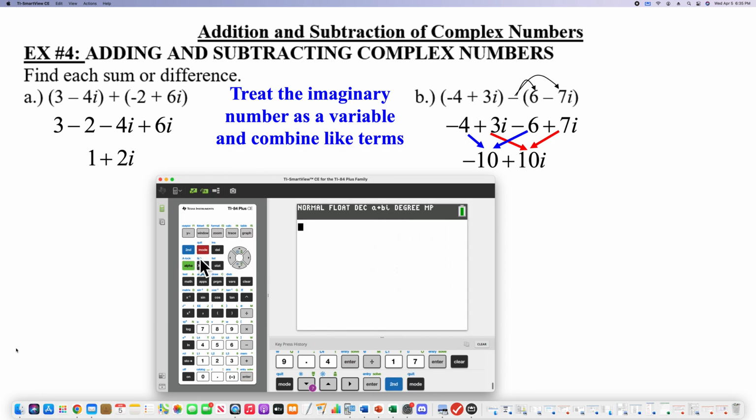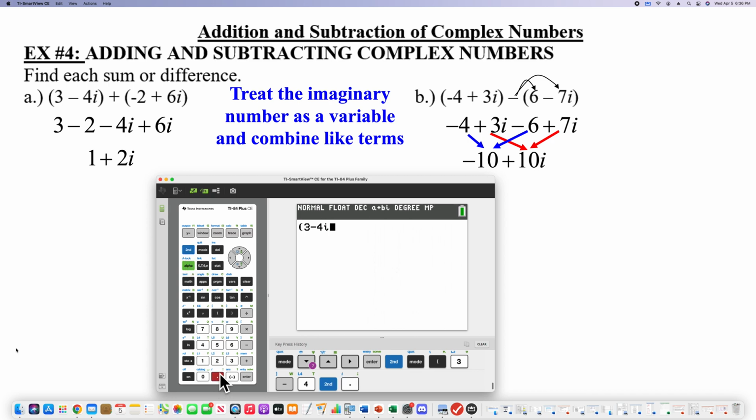Second quit. Now here, you're going to like this. You can type in and check this. Left parentheses 3 minus 4. Okay, I is above the decimal point. You can barely see it on my screen, but it's there.